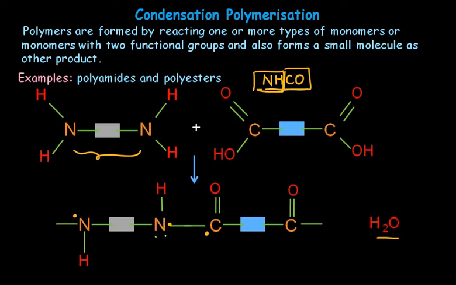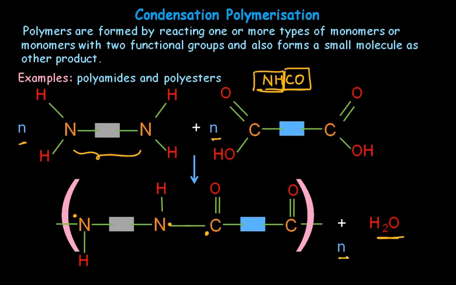So this way an amine group and a carboxylic group react together to form an amide linkage, and so a polymer along with the water molecule is formed. When n such molecules of the monomer carrying the amine functional group and n such molecules of the monomer carrying the carboxylic functional group react together, then a polymer of n length is formed and n number of water molecules are also formed.